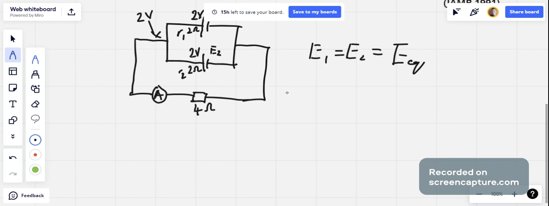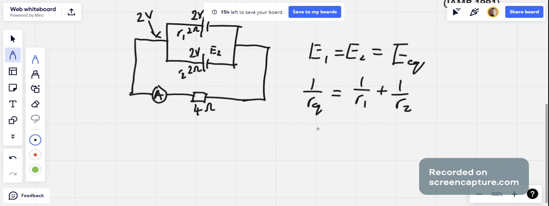So what about the equivalent resistance? The equivalent internal resistance. The internal resistance in this case is a parallel connection. So for parallel connection, we have 1 over R equivalent to be what? 1 over R1 plus 1 over R2.